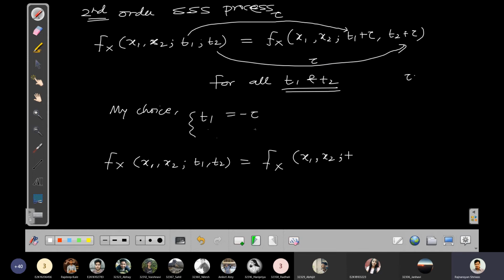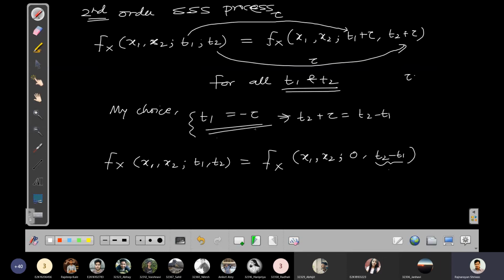This is 0 and this should be t2 minus t1, that is tau. What should I choose to get this? To make it 0, you need to choose t1 equal to minus tau, and t2 plus tau. Okay, that's correct. So I need to choose t1 equal to minus tau. So t2 plus tau will be, tau is minus t1, so this will be t2 minus t1.